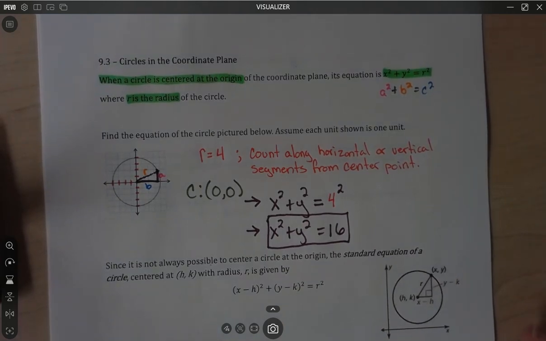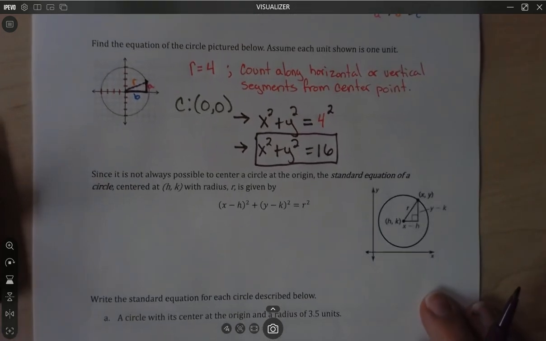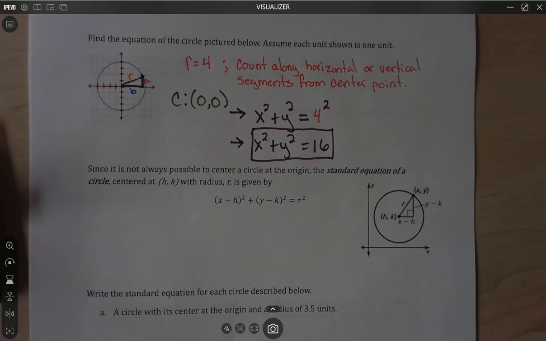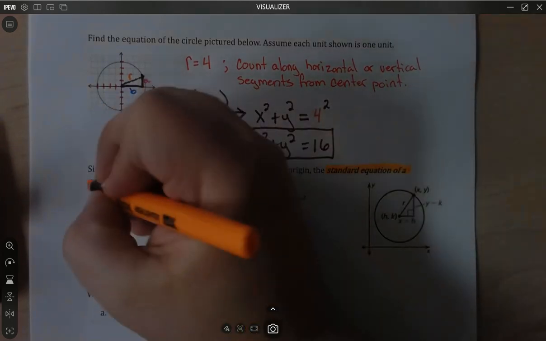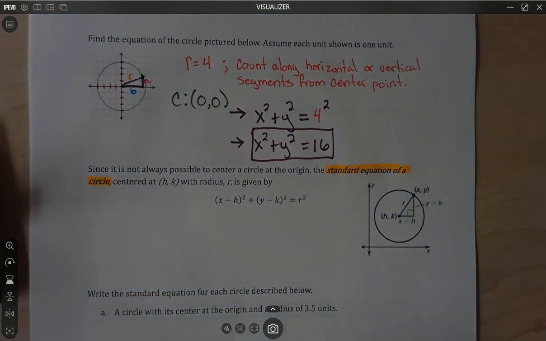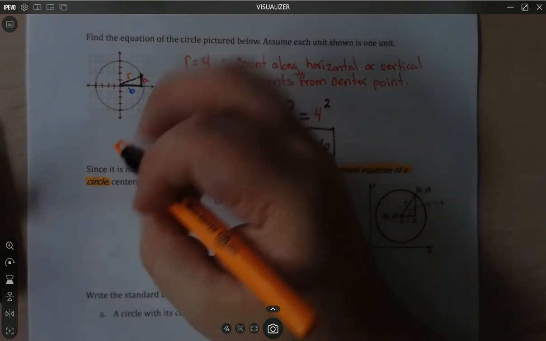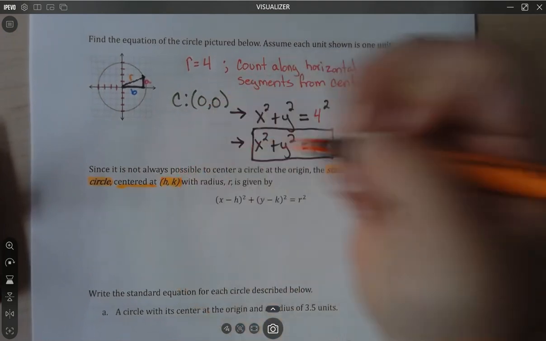Now, since it is not always possible to have our circle centered at the origin, we have developed what is called our standard equation of a circle. And oftentimes we'll just say standard form. So our standard form of the equation of a circle now has a center of (h, k).